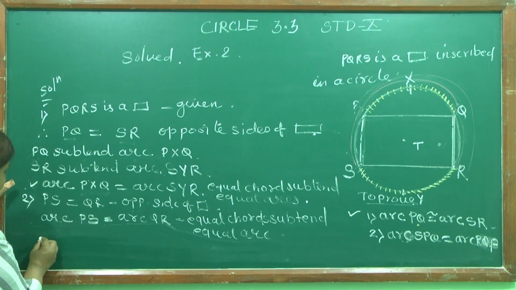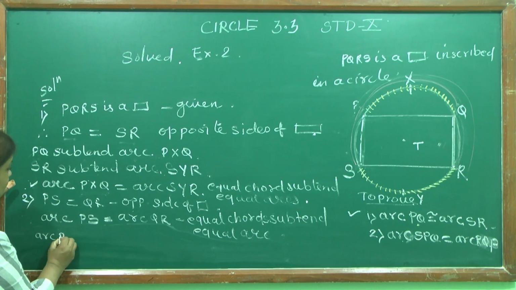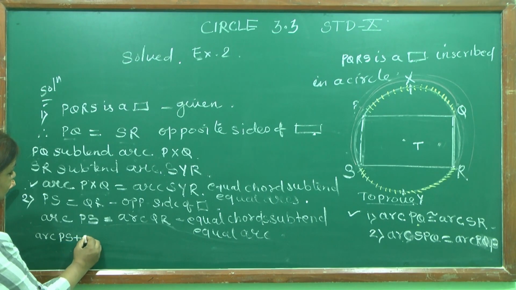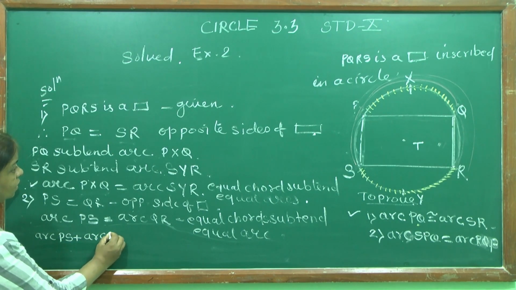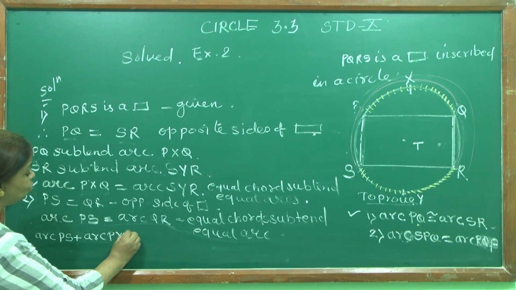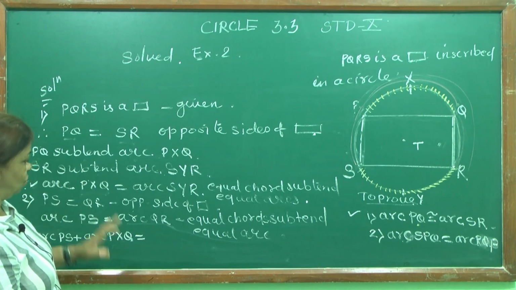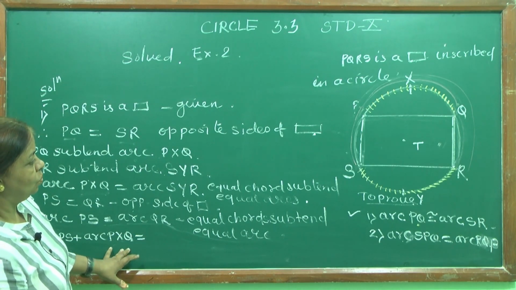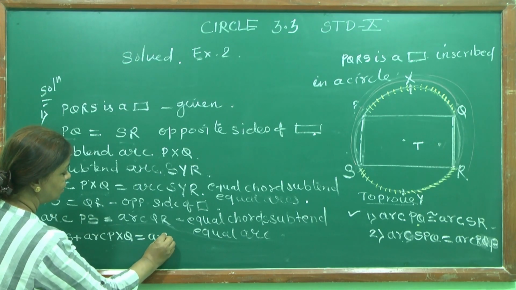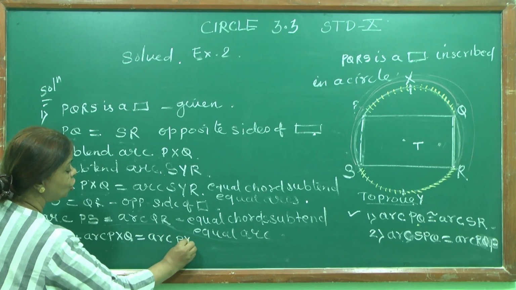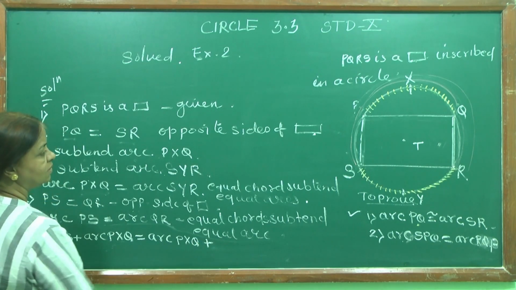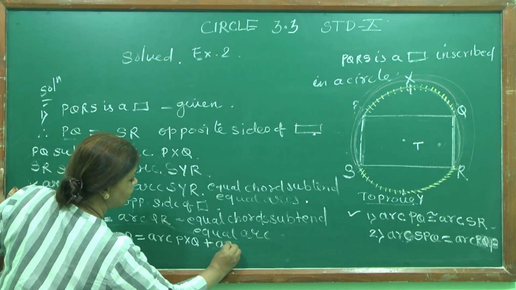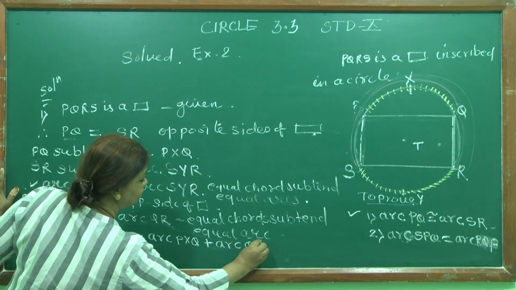Arc PS plus arc PXQ is equal to arc PXQ plus arc QR.